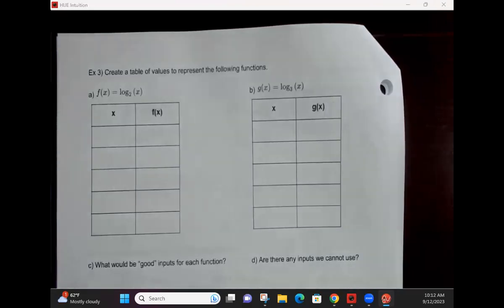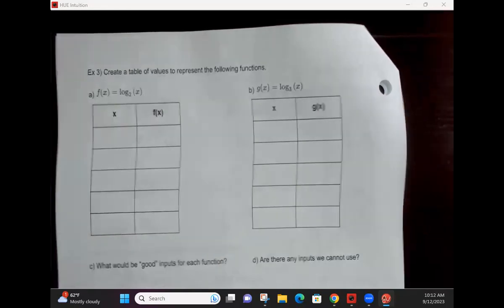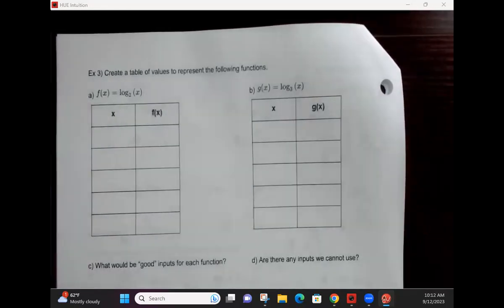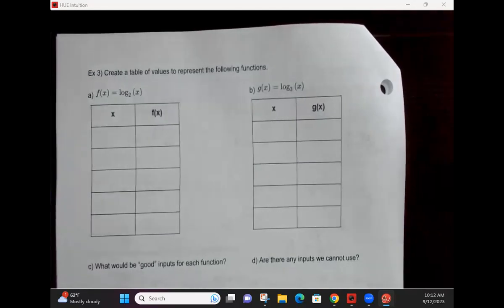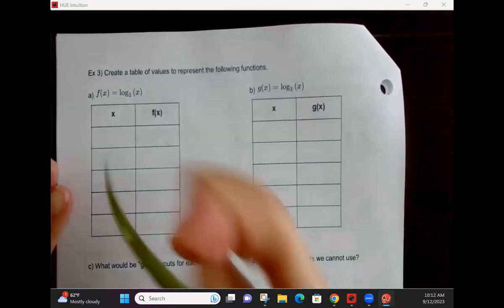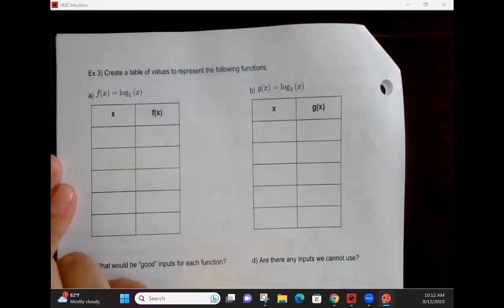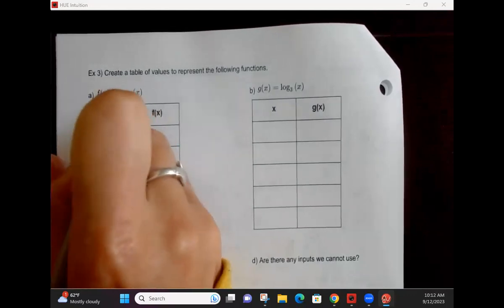So the last thing that we're going to look at is what kind of values can I use for an argument of a log? And we're going to do that by making some tables. So on example 3A, again, this little subscript number is called the base.